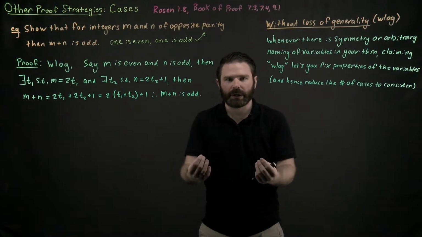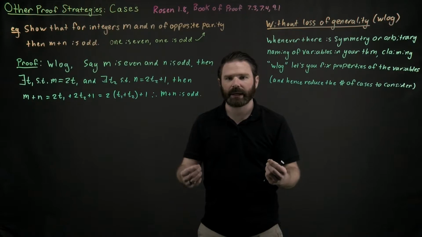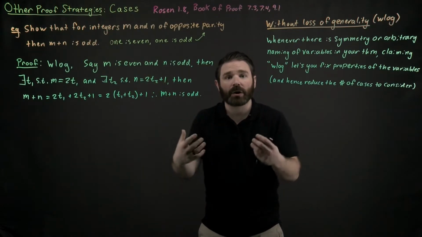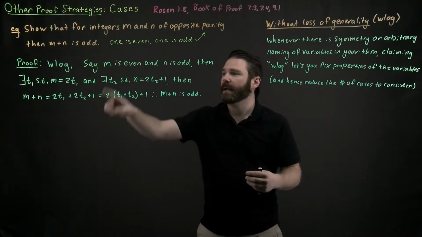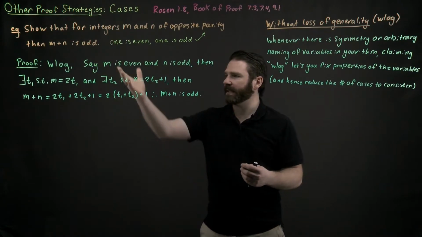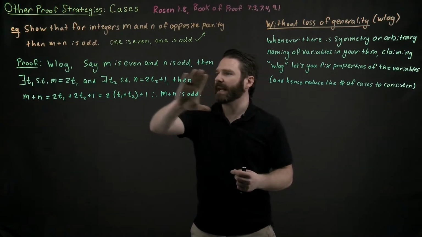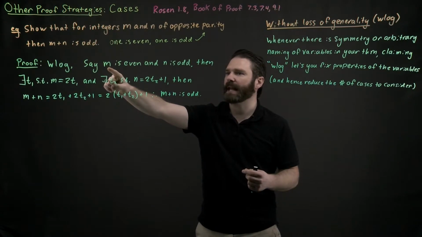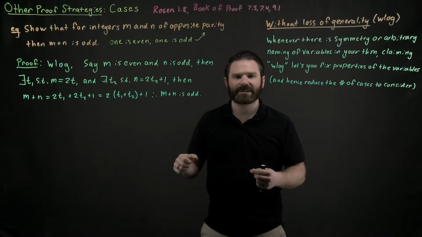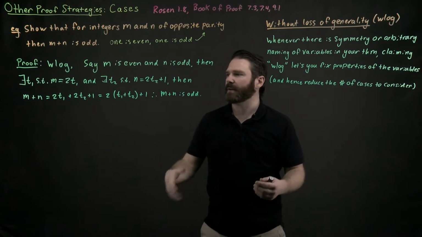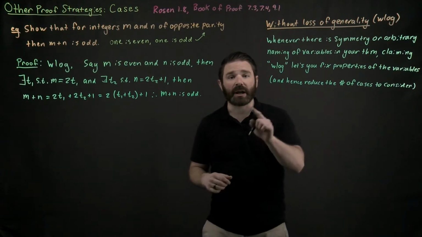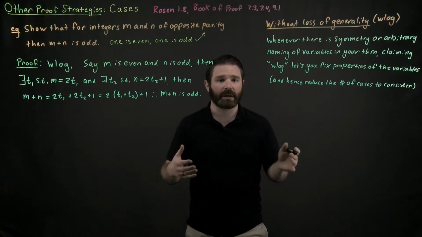So it's understood by using without loss of generality that whatever proof that you use afterwards is also not going to be affected by you fixing this property that m is even and n is odd. So basically without loss of generality just means that I could take this entire thing, replace this m with n, and this n with m, and everything would work the same. And so it's just a convenient technique that allows us to reduce the number of cases that we have to consider. That's not the only place, though, that you can use without loss of generality.